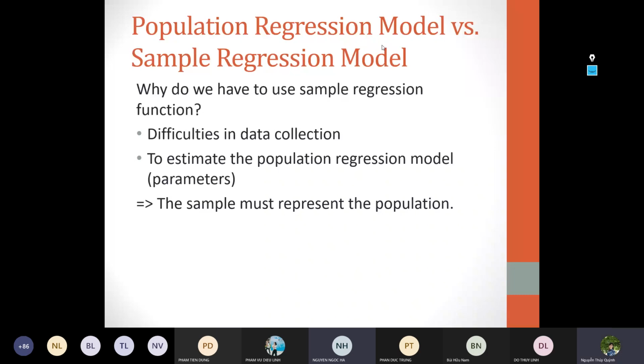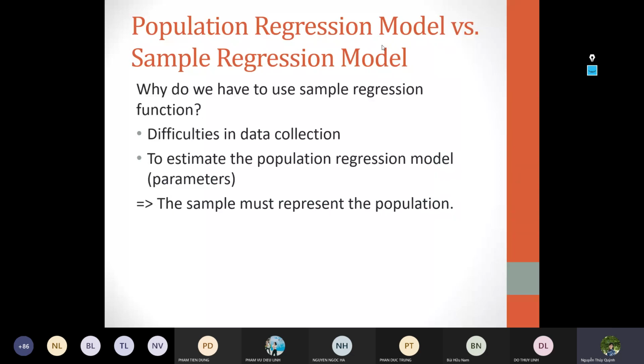Because we don't have enough resources to estimate the whole population. We do not have enough data to calculate exactly the rule for the whole population.